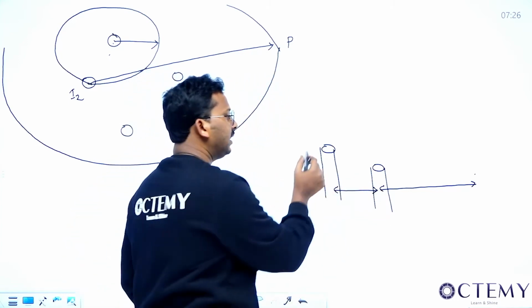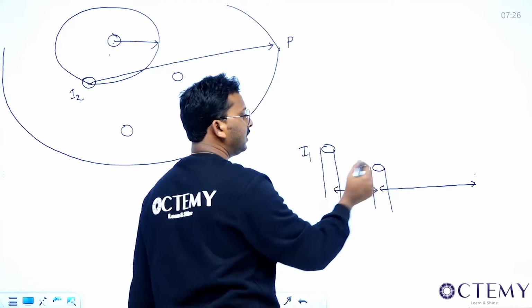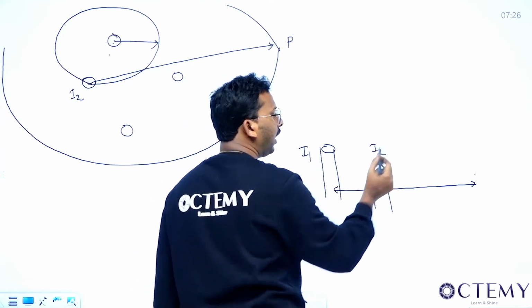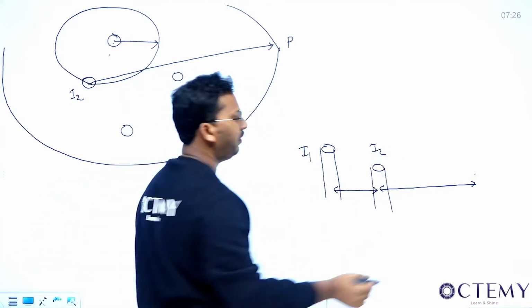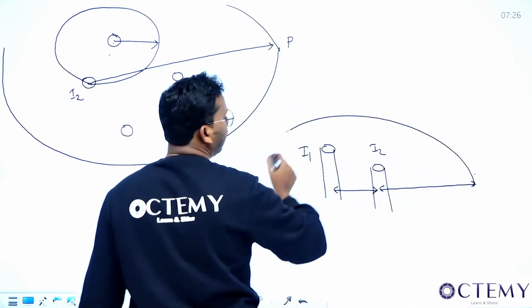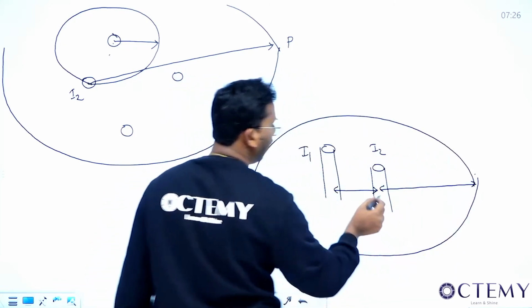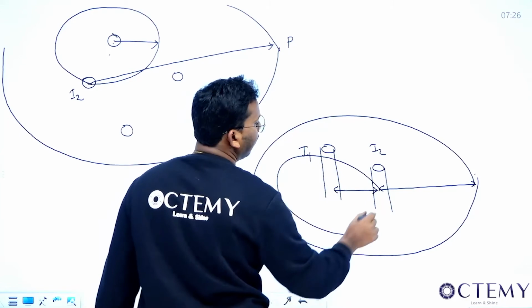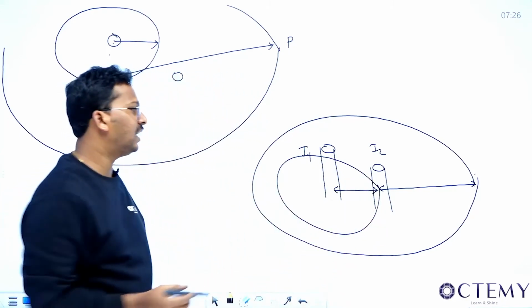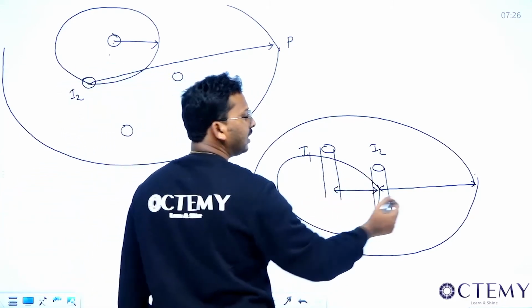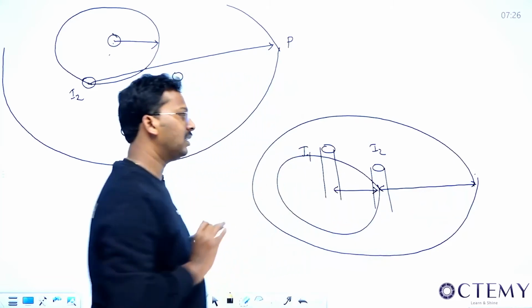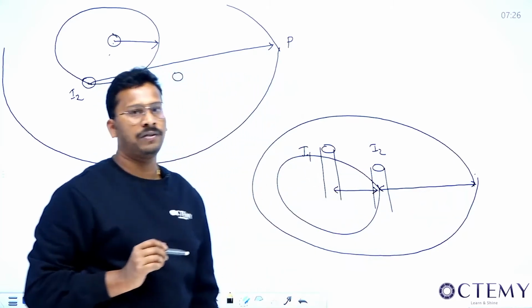Say this is I1 conductor, this is I2 conductor. So I actually have to find the inductance, or the flux linkage, between these two circles, this circle and this circle. And since I am finding the total flux linkage phi 1, the longer distance will be this, the shorter distance will be this, because till this point I am trying to find out, right?